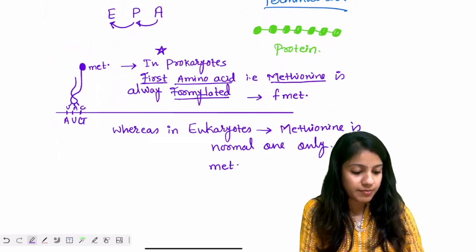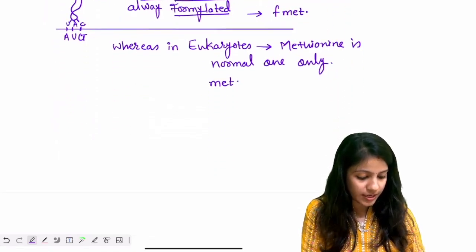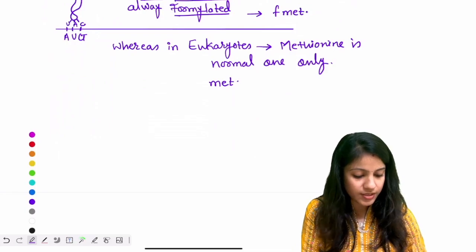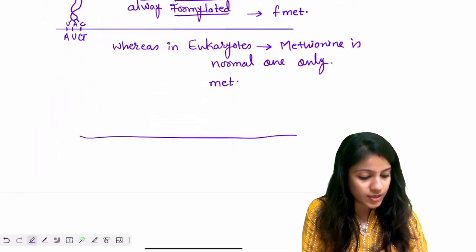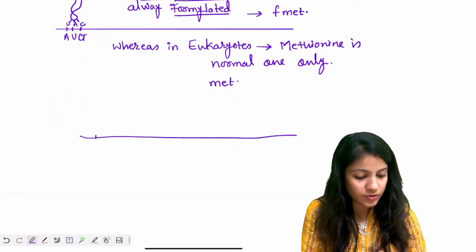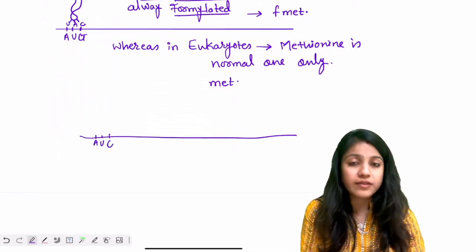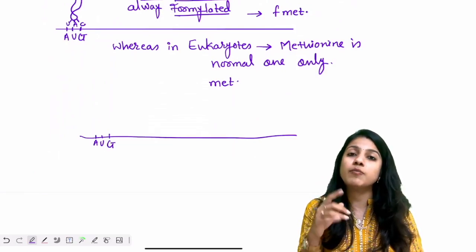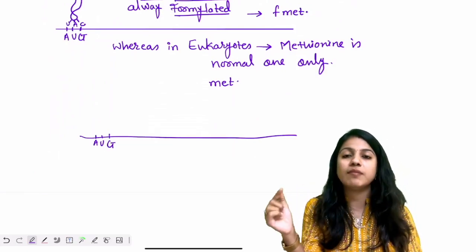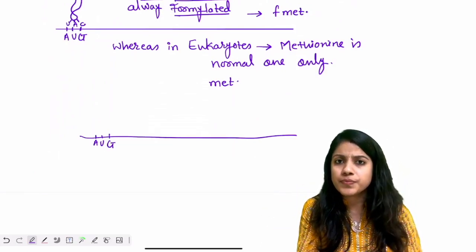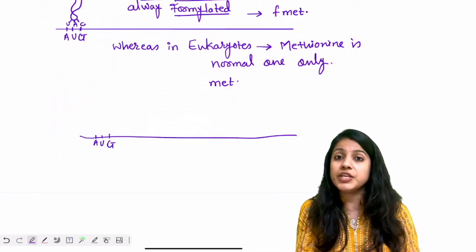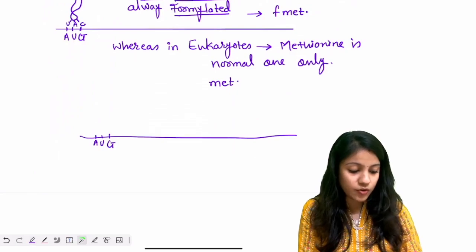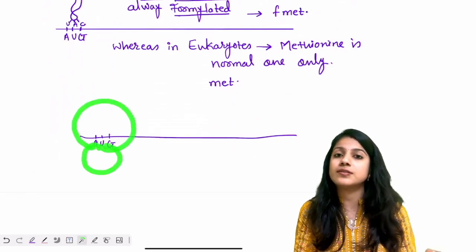But see, for example, in case of prokaryotic organisms, we are saying the first methionine is F-methionine. So, say for example here AUG was there. Can we say that AUG will come only once in the whole mRNA sequence? No. It will keep on repeating, right? Initially, the ribosome got AUG over here. That's why the process got started.